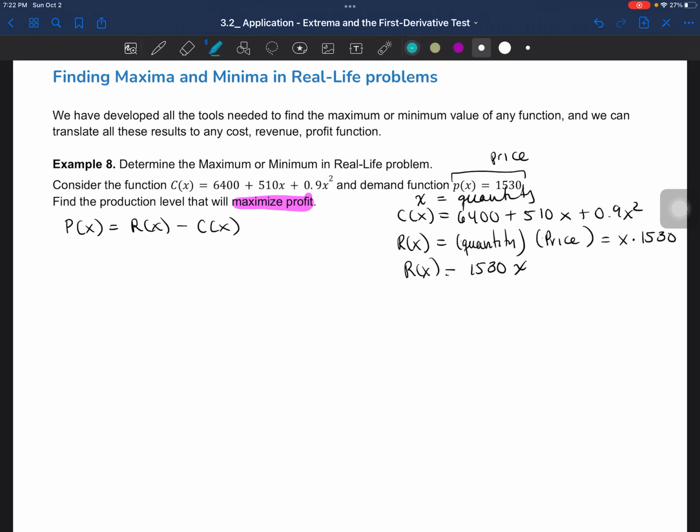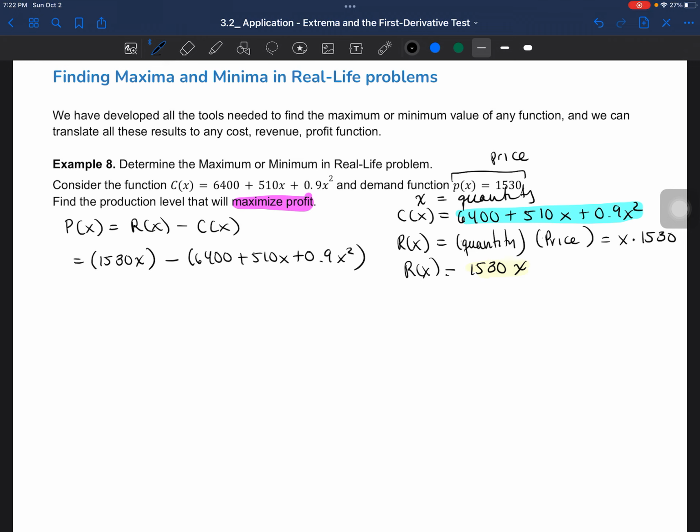So now we have everything we need. Let's highlight that the cost function is this and that the revenue function is this. We're going to take those two to find the profit. So let's replace R of x with 1530 times x, minus the cost function, which is 6400 plus 510x plus 0.9 x squared.